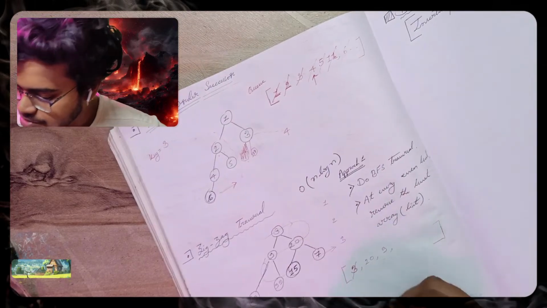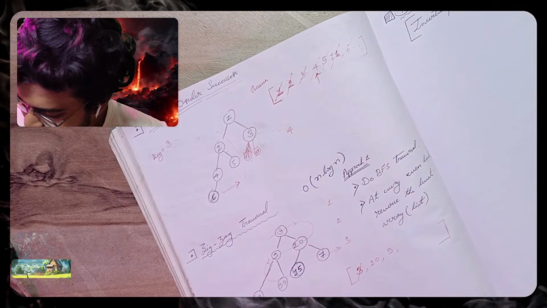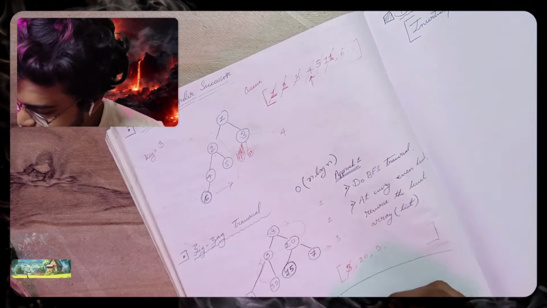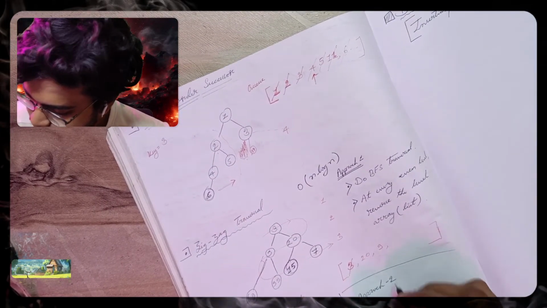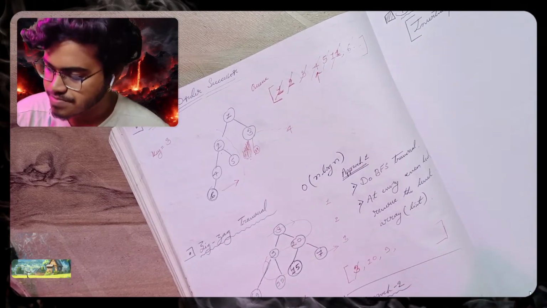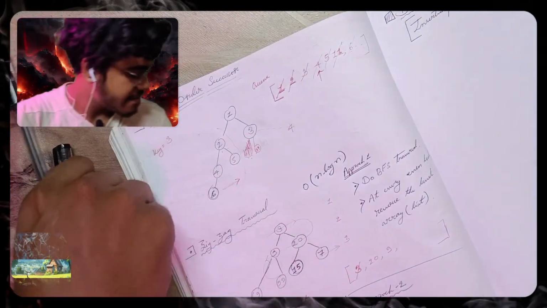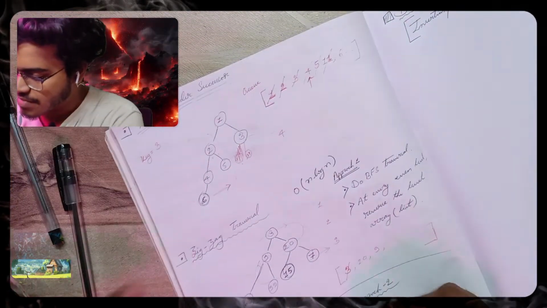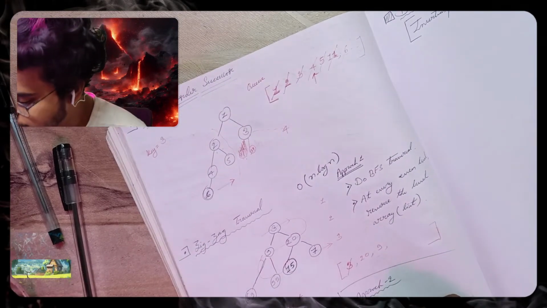So the better approach, approach 2. What we can do in approach 2, we will have a queue over here.